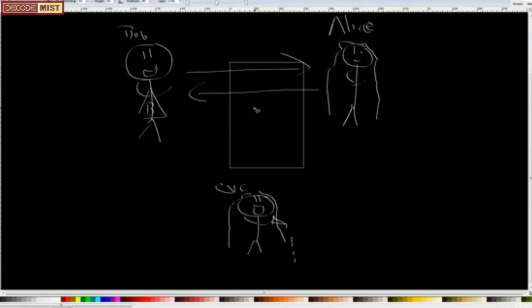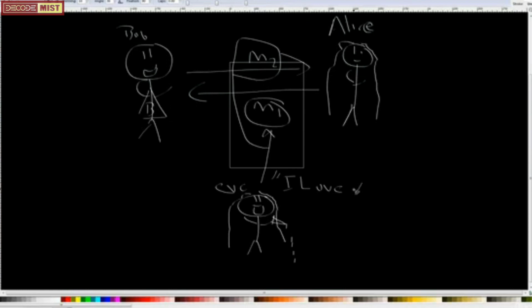Any message that Bob sends to Alice, Eve will intercept because she's very talented. And if she sees something like, "I love you," this will draw Eve into a mad rage, and she'll go and kill Alice. Bob doesn't want that to happen. So we obviously need a way of securely communicating.